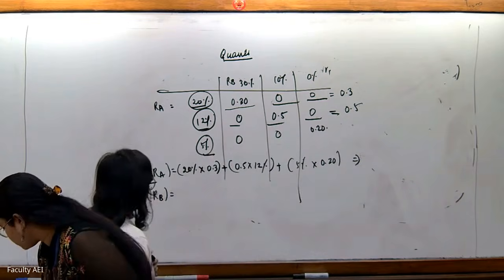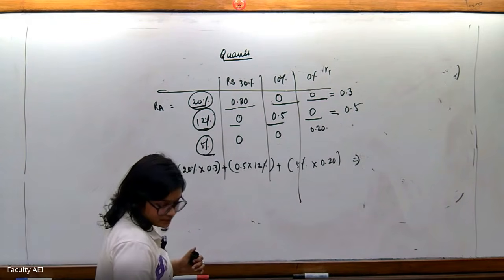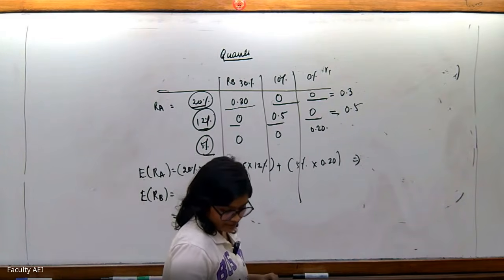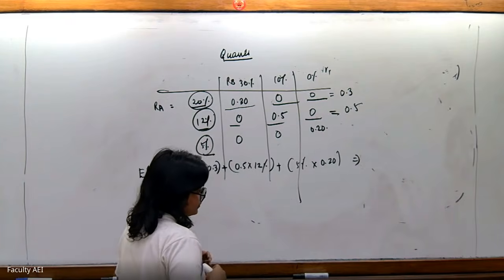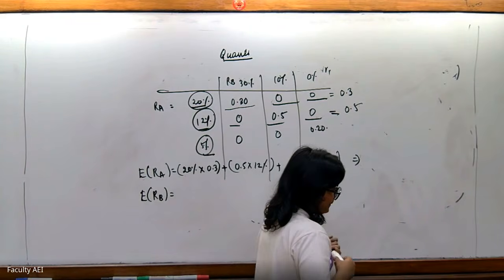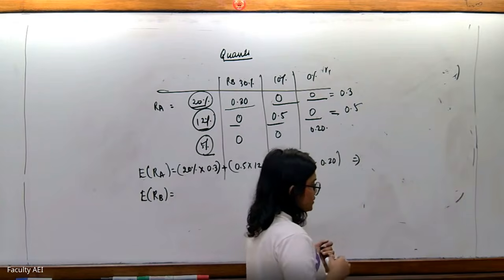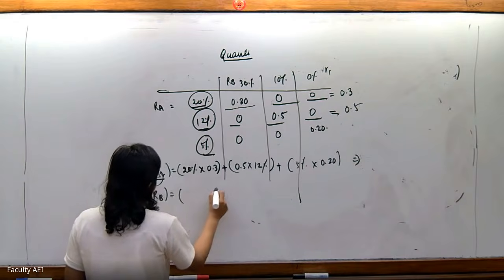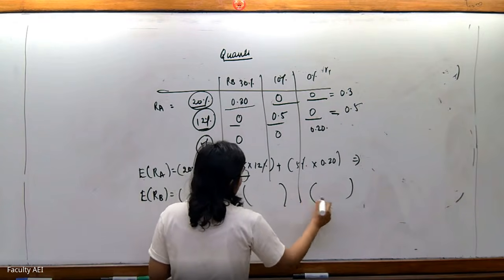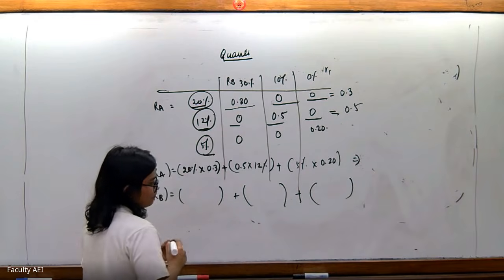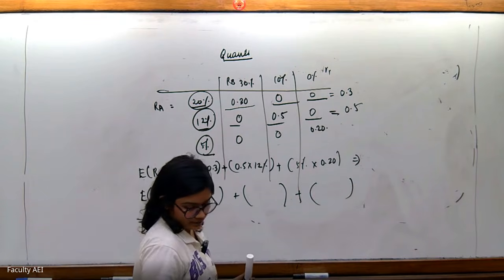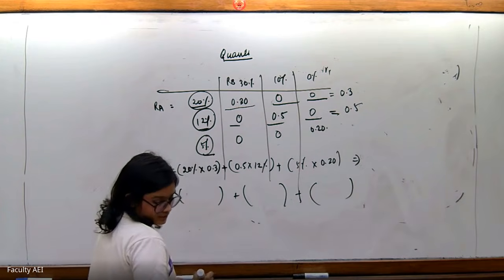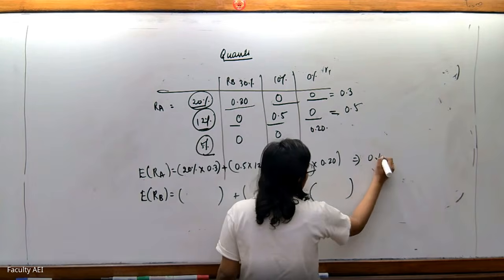So what is the answer for the expected return of asset A? It is 0.13.